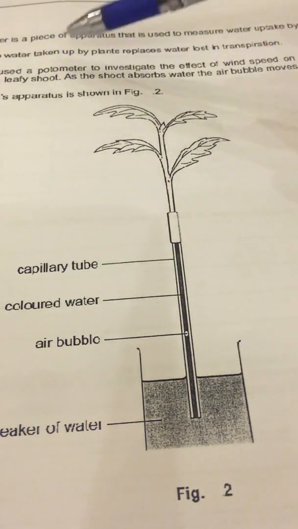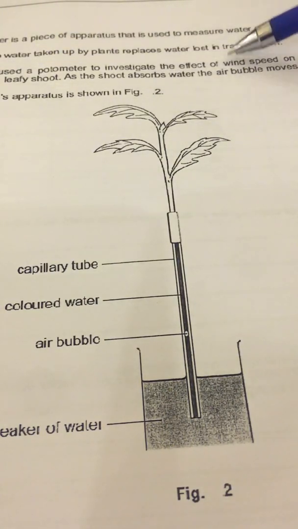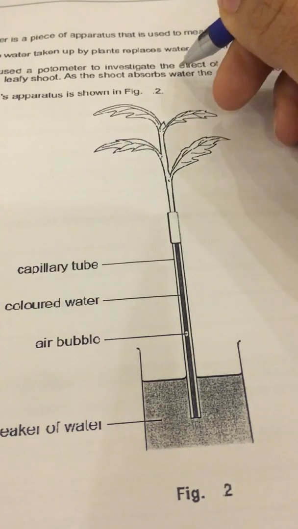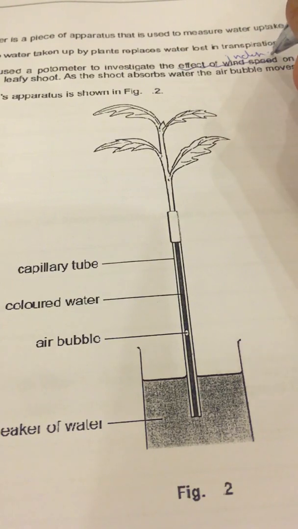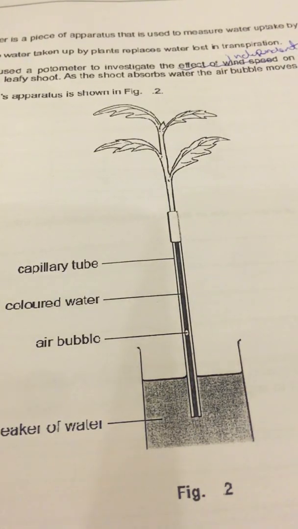A student used a potometer to investigate the effect of wind speed. So whenever we see investigate the effect, this is going to be the independent variable that we change. By leafy shoot, as the shoot absorbs water, the air bubble moves upwards.